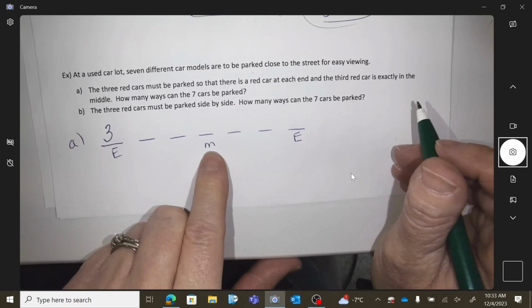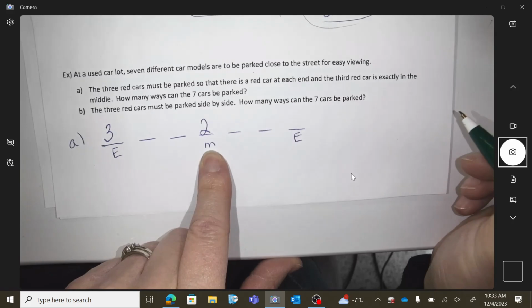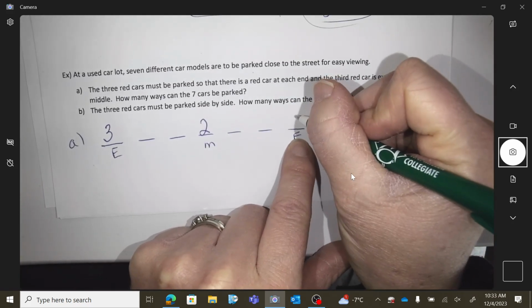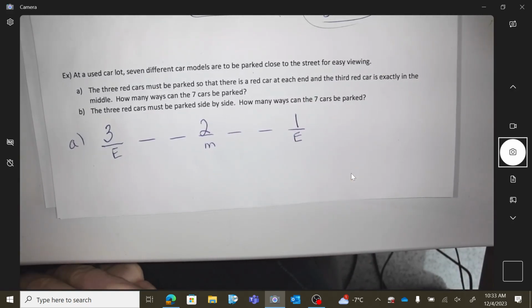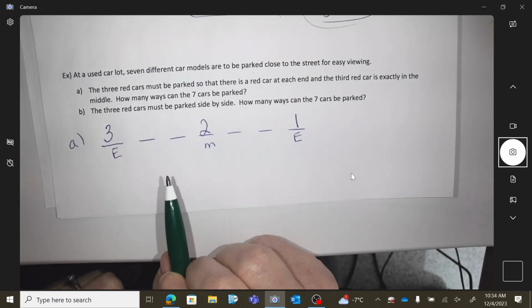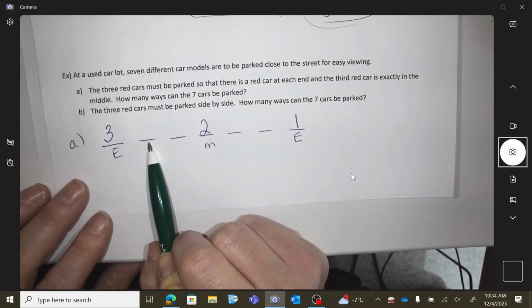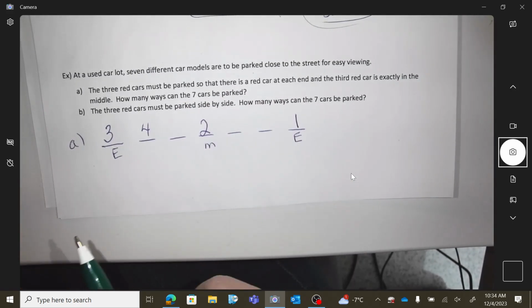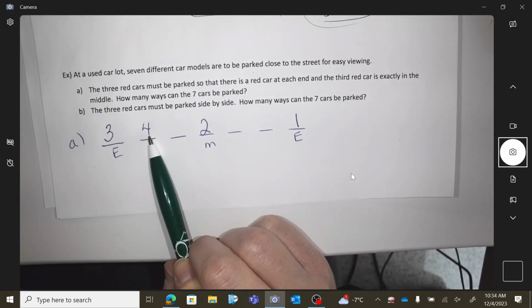Then I'm going to put a car in the middle. So now I have 2 red cars to pick from. And then I'm going to put a red car on the end, and I only have 1 option left. Now I need to put a car here. How many cars do I have left? Should be 4 cars left, right? Because there's 7 cars, so I already put 3 reds on there, so now I have 4 cars left.